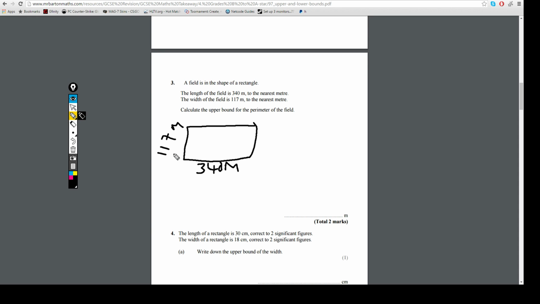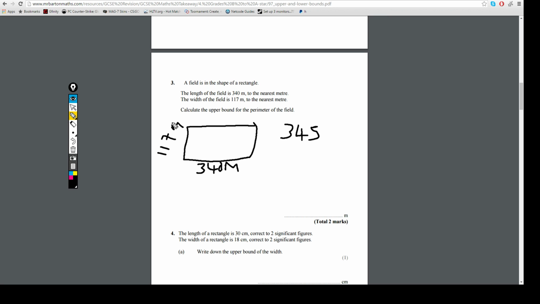Okay, so we've got this, and we're asked to calculate the upper bound of the perimeter. So basically, we've got to find the upper bound of 117 and 340, and this is to the nearest meter. So we can put 345, and obviously you can go up or down whenever possible.